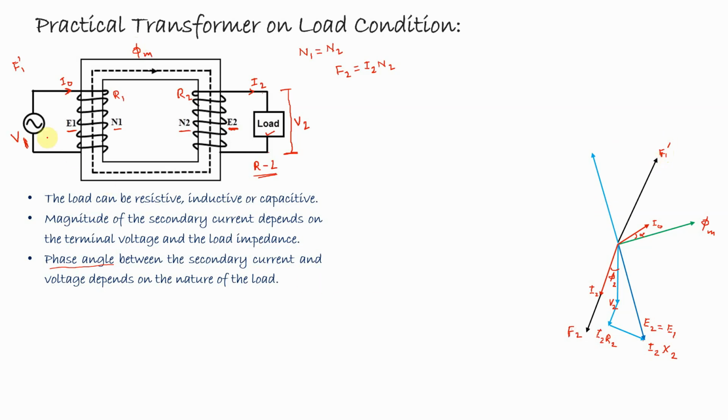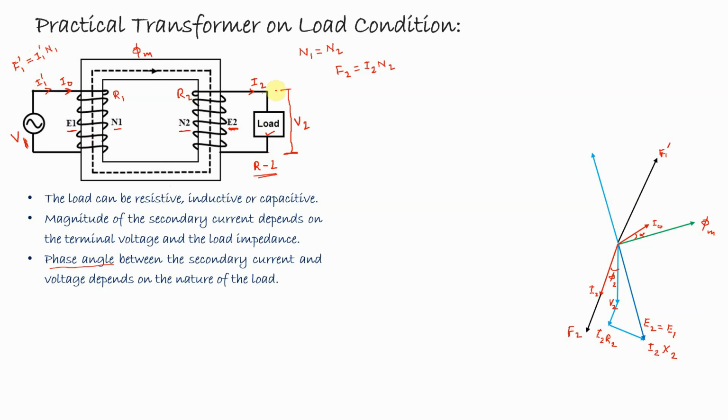And this magnetomotive force will be developed by another current which is considered as I1 dash. This is considered as the load component of the primary current, where F1 dash will be equal to I1 dash into N1.